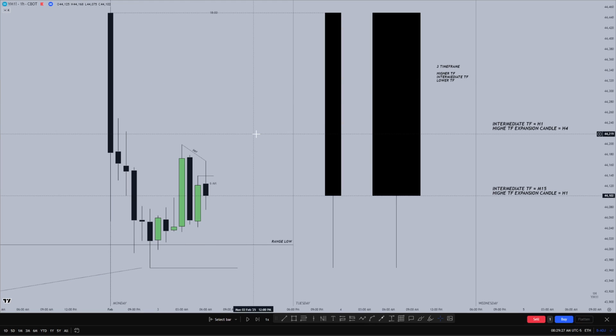Now, how expansion candle? Why expansion candle? How can you frame it? How can you know? Expansion candles are basically candles which have less opposing run. What do I mean by opposing runs? Every candle forms in only two ways: open low, high close, or open high, low close.